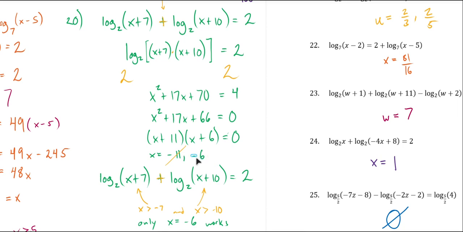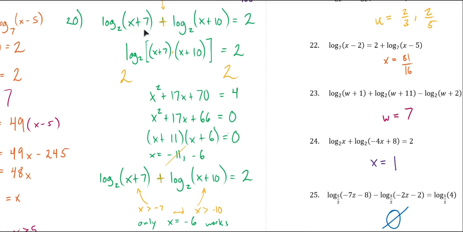Plugging in negative 11 would give me a minus 4 in here, but that would be a problem. The reason this is happening is because we don't really have a way to distinguish between a negative times a negative being something, like 4, for example. Negative 2 times negative 2 could be equal to 4, but neither one of those would be valid once we separate the logarithms.